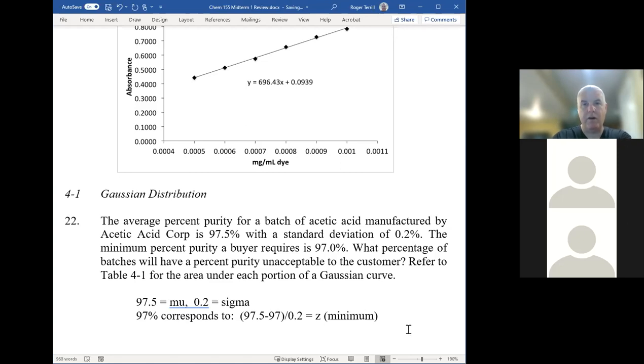And what we want to know is what fraction of a Gaussian curve lies below Z equals this value, right? So 0.5 divided by 0.2 is 2.5.